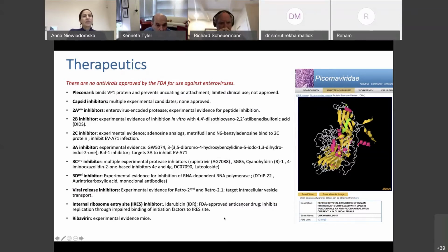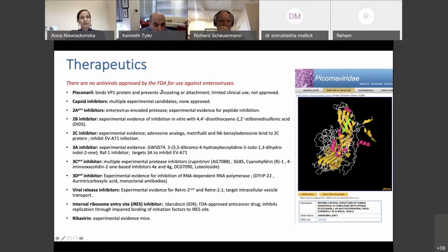So what are our options in terms of therapeutics? Right now, there are no antivirals that are approved by the FDA for use against enteroviruses or picornaviruses in general. Pleconaril, which binds the VP1 protein and prevents uncoating or attachment, has had limited clinical use, but due to toxicity issues, was never approved.